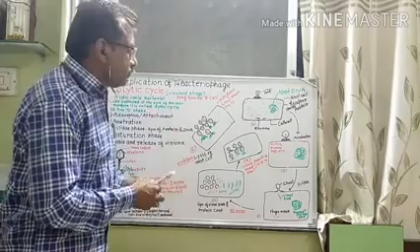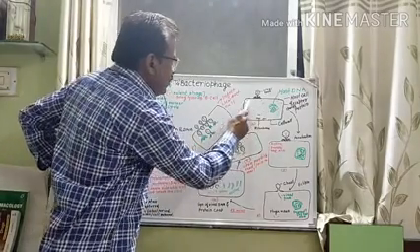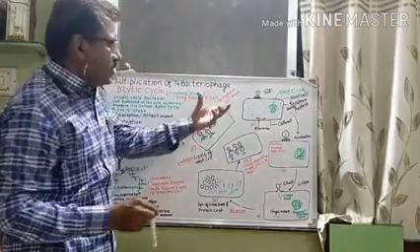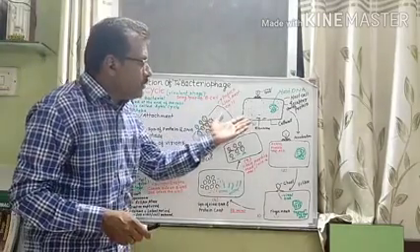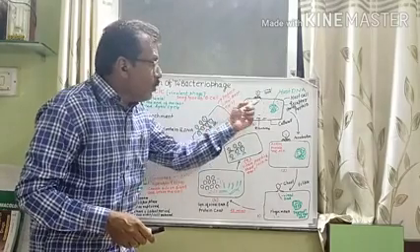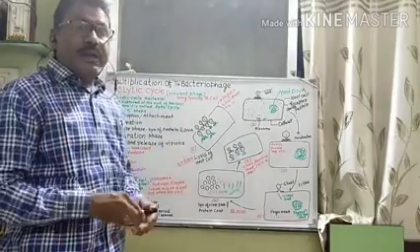First one is adsorption. This is the cell structure of bacteria. Generally we use the E. coli structure here. E. coli, Escherichia coli, is the name of the bacterium.